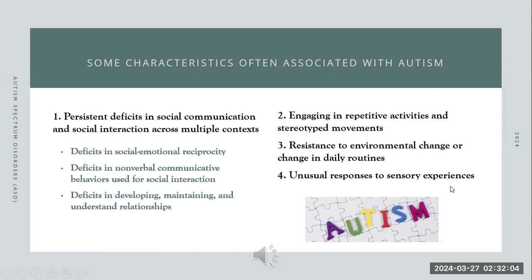They can have hyper or hypo reactivity to sensory input or unusual interest in sensory aspects of the environment. For example, they have an apparent indifference to pain or temperature, or an adverse response to specific sounds or textures, excessive smelling or touching of objects, visual fascination with lights or movements. Those are in general some characteristics that they usually have.